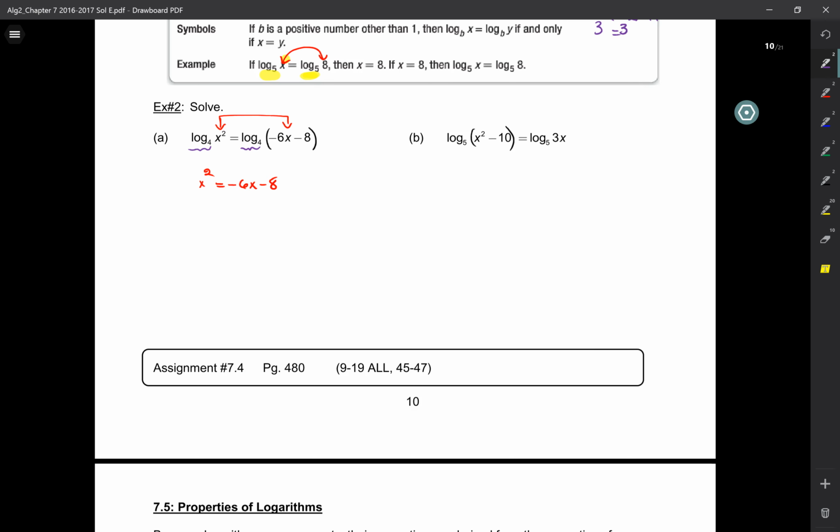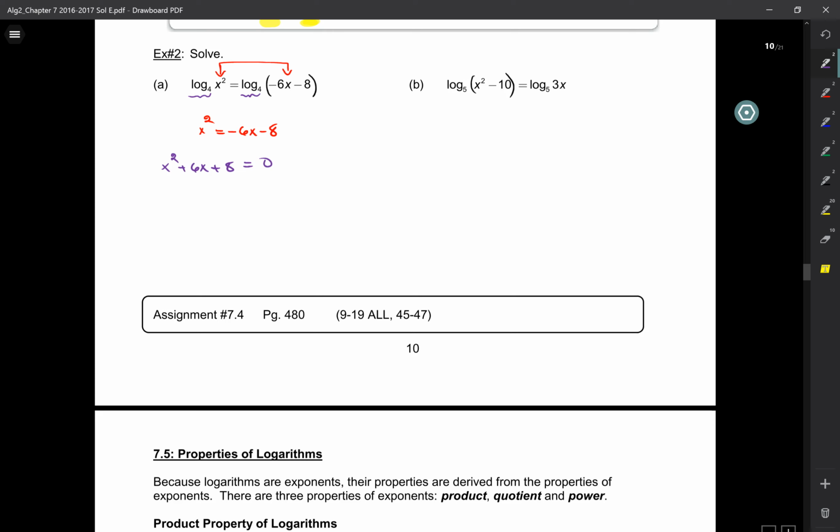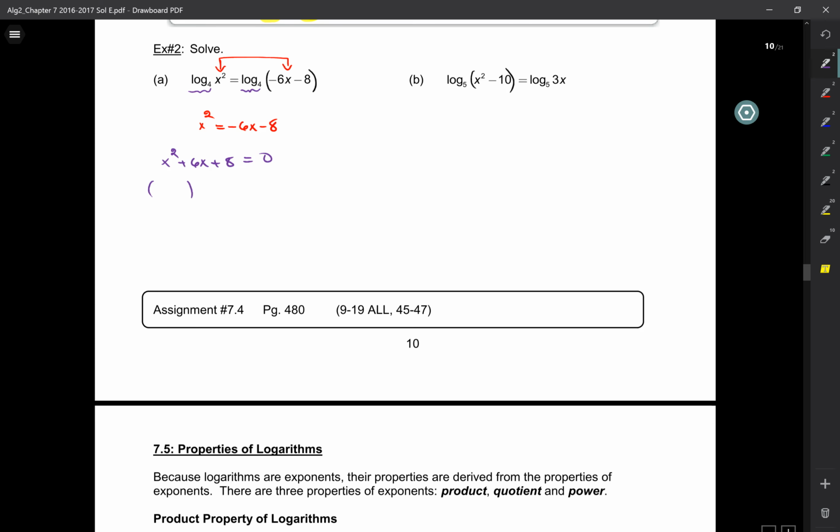It's a quadratic equation, right? So x squared plus 6x plus 8 equal to 0. And how can I solve this one? Factor. x plus 4, x plus 2. So x is equal to negative 4 and x is equal to negative 2.